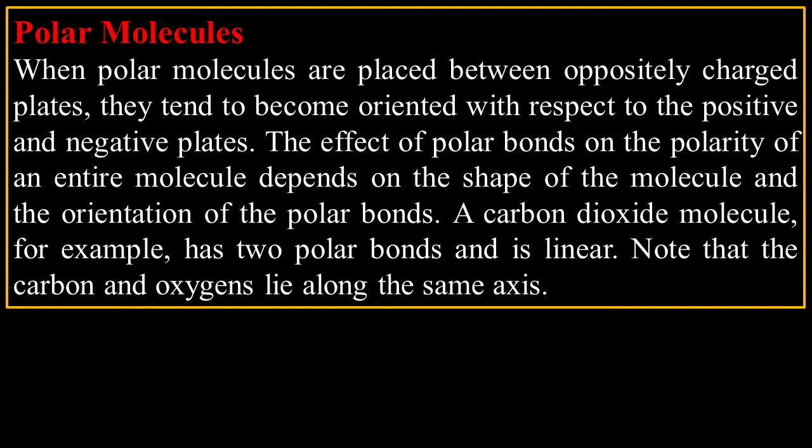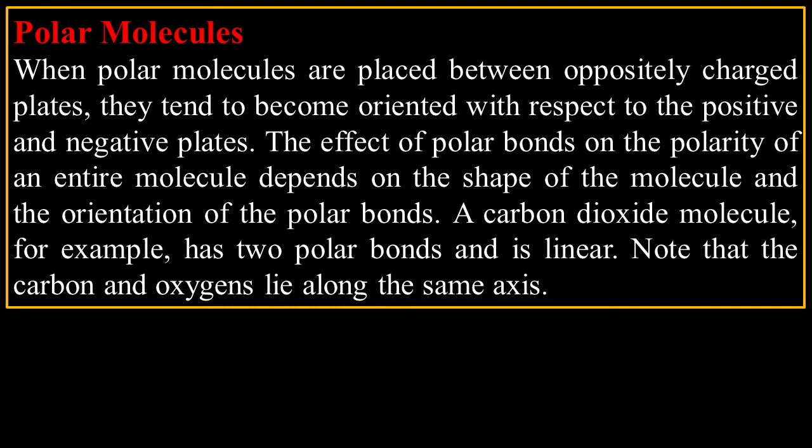The effect of polar bonds on the polarity of an entire molecule depends on the shape of the molecule and the orientation of the polar bonds. A carbon dioxide molecule, for example, has two polar bonds and is linear.